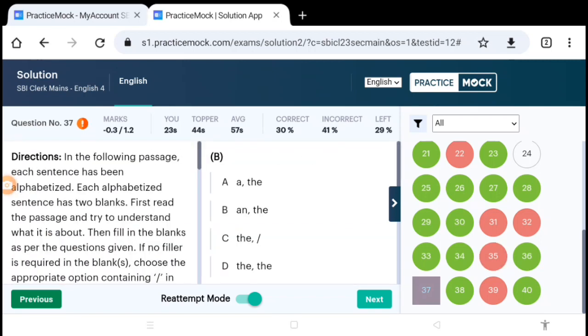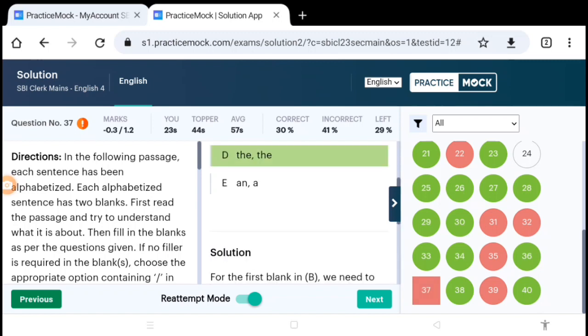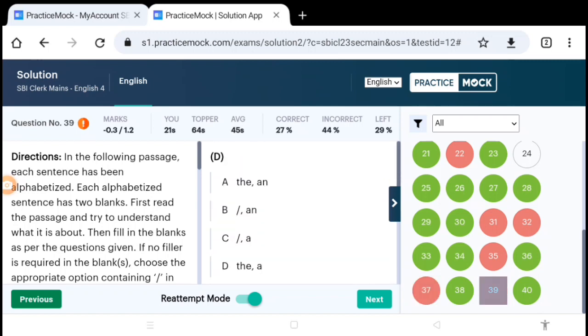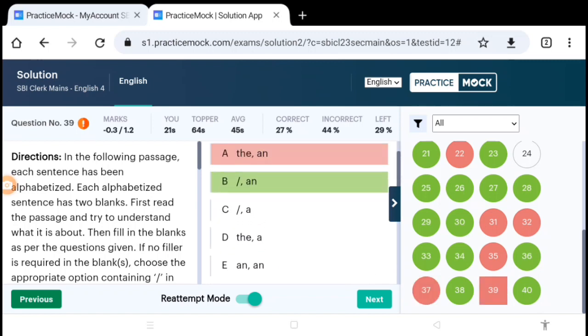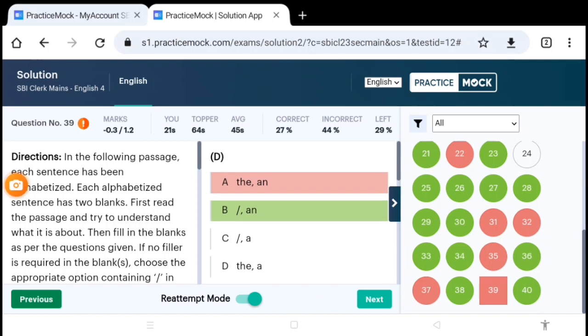All are correct, but I put the wrong answer. B is the answer, 39 is N. So please share your score.